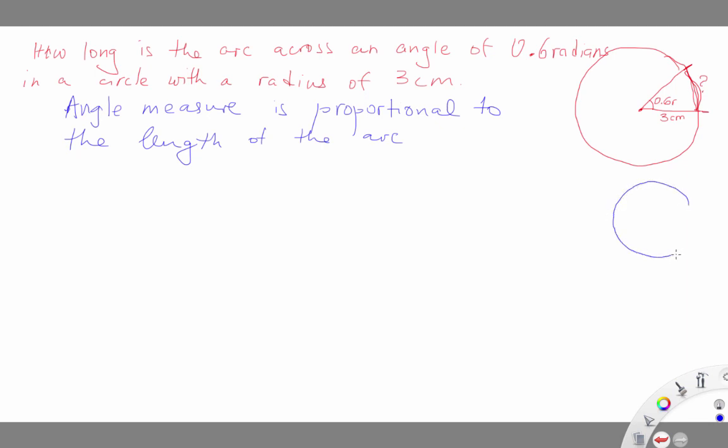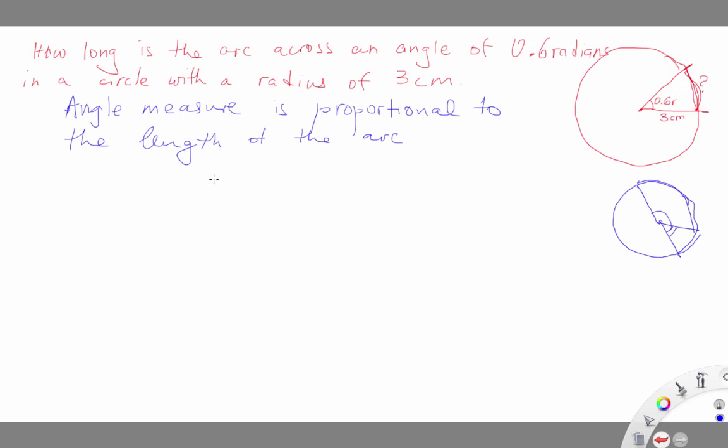I am saying that if you have a big angle like this, you have a big arc. If you have a small angle like over here, you have a small arc. This is kind of just logical, right?